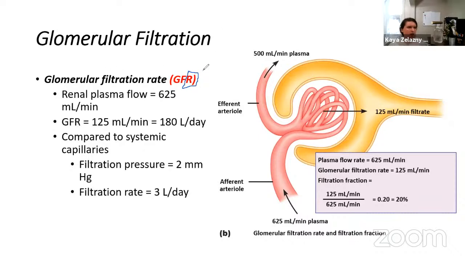So specifically, glomerular filtration rate is usually going to be measured in milliliters per minute, because that's just a value that gives us reasonable, easily interpretable numbers for the glomerular filtration rate. Okay. So our typical glomerular filtration rate, we want to compare to the renal plasma flow.